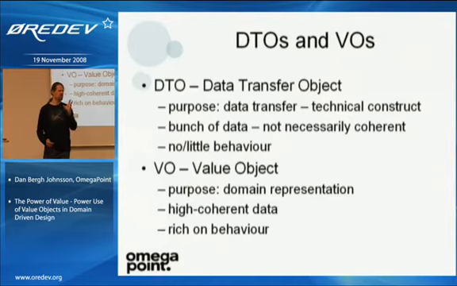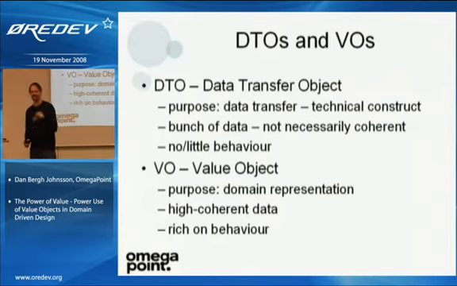Around 2000-something, the J2EE core patterns wanted to name these kind of transport objects they had found a pattern for. And for some bizarre reason, they took the already established name value objects and reused that. Later on, they realized their mistake and renamed them to data transfer objects.